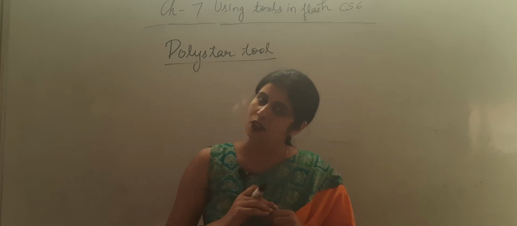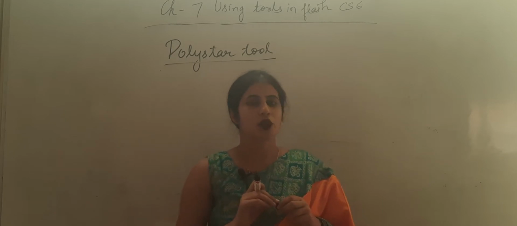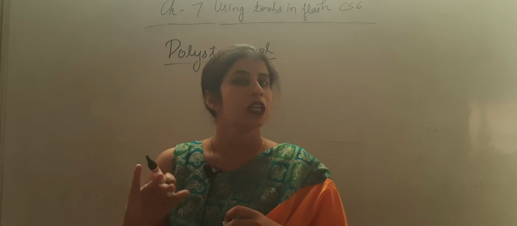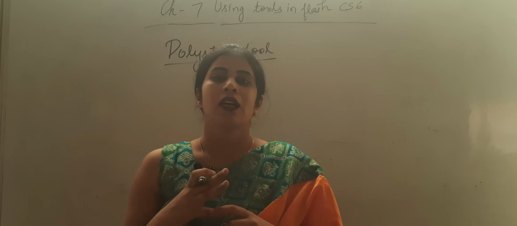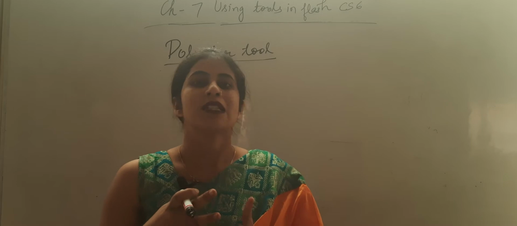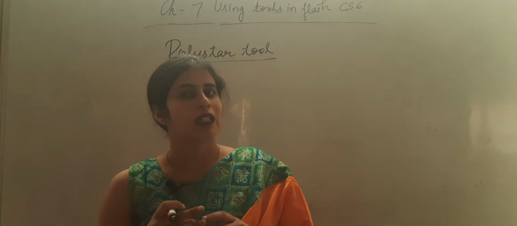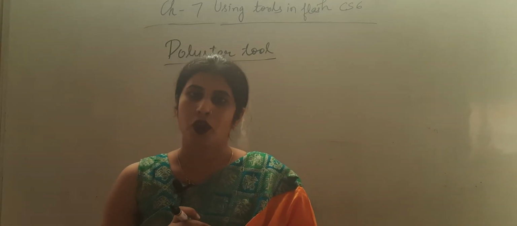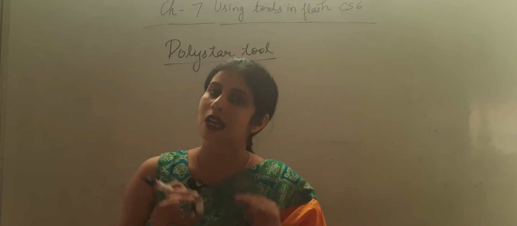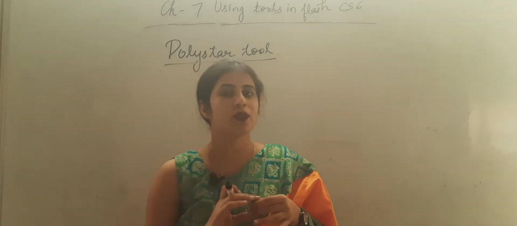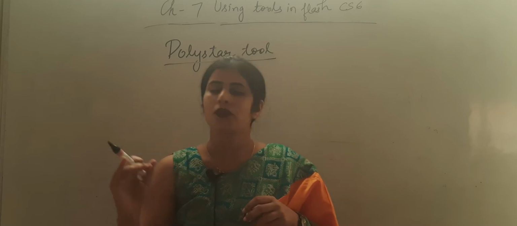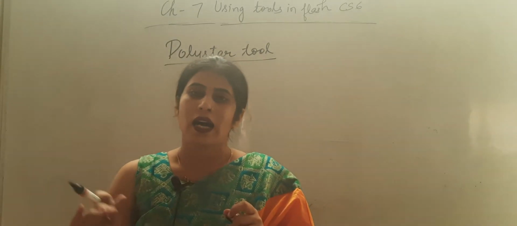So it is used to draw 3-sided closed shapes or closed shapes with more than 4 sides, like pentagon, octagon, hexagon, heptagon, and star. We can draw a star also with the help of this polystar tool, because a star has more than 4 sides, 5 according to our need.